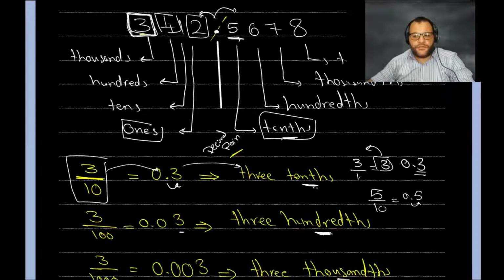At the hundreds. So it will be 400. You understand it? It depends on the place. The first number at the right of the decimal is called tenth.